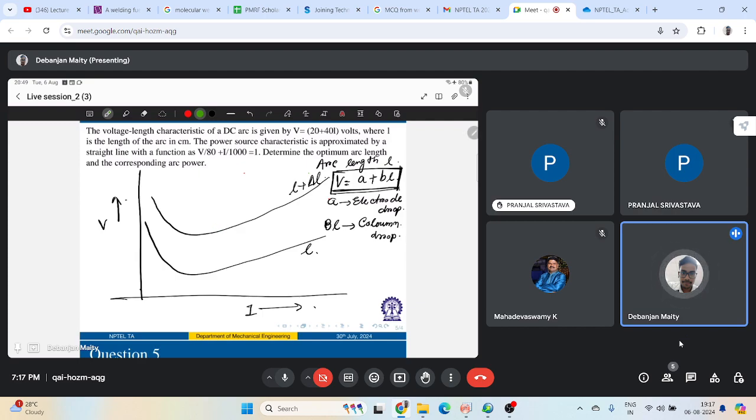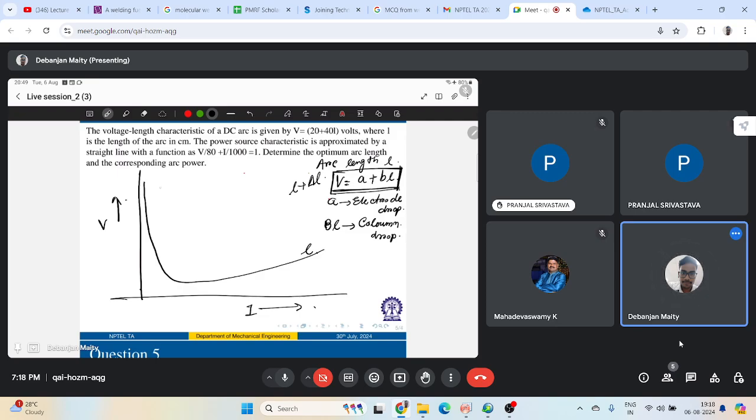This is my arc characteristic with voltage-current relation, and this relation will determine the required characteristic of a power source. What are those required characteristics? I need to draw a little bit. This is a little bit tricky. Let me draw it in this way.